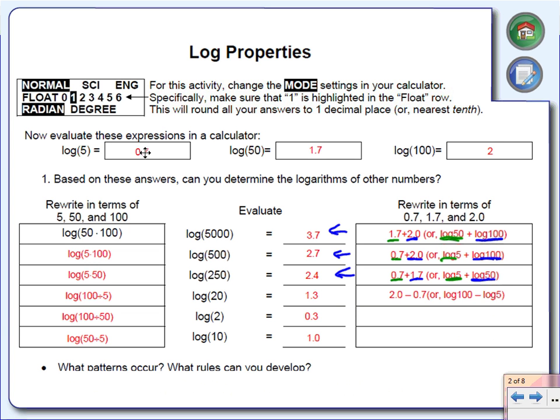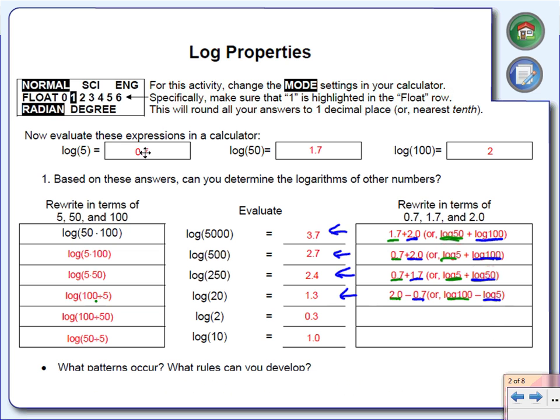Again, I'm separating those two over there. So earlier we said the log of 100 was a 2. We also said the log of 5 was 0.7. So if I subtract those two numbers, 2 minus the 0.7 gives us this 1.3.